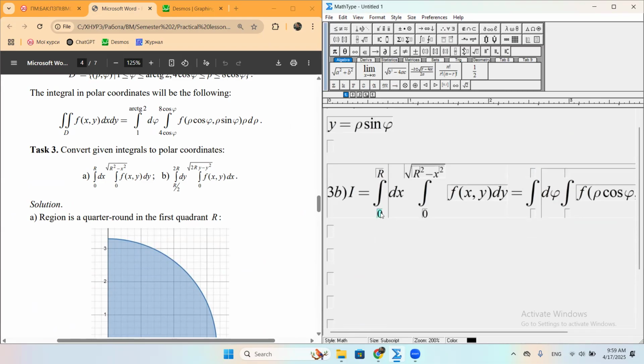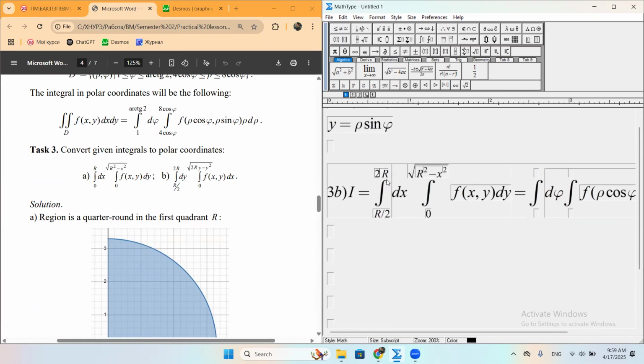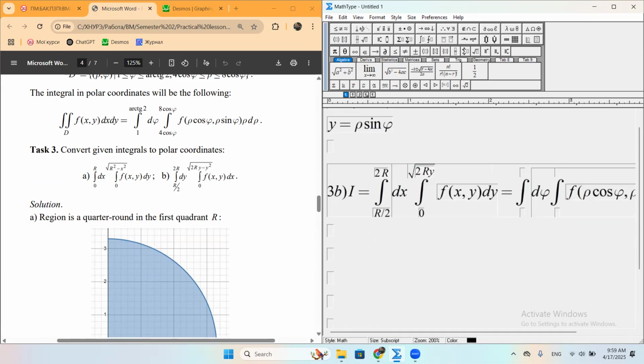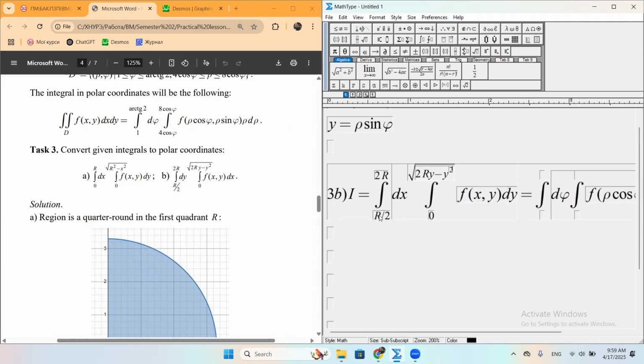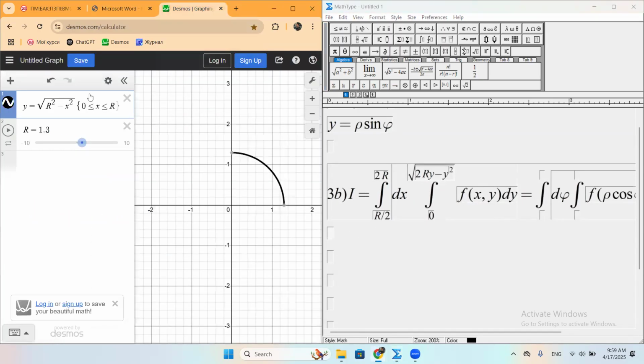y changes from r over 2 to 2r, and x changes from 0 to the square root of 2ry minus y square. Now let's plot this region, first of all. So x equals, let's plot this square root, 2ry minus y square.